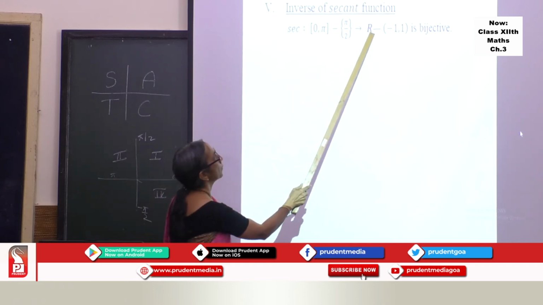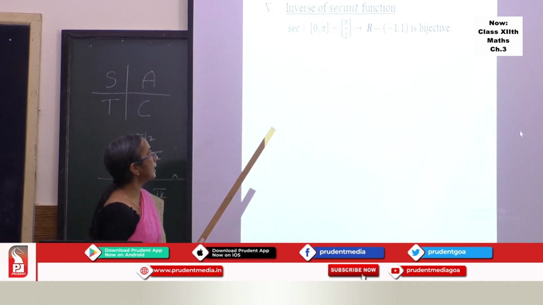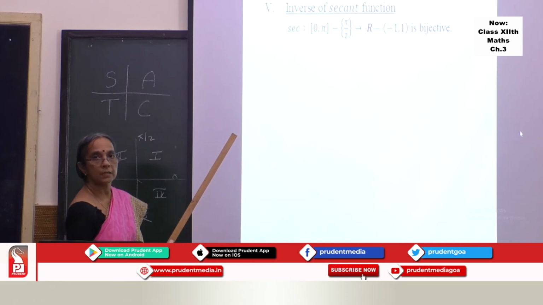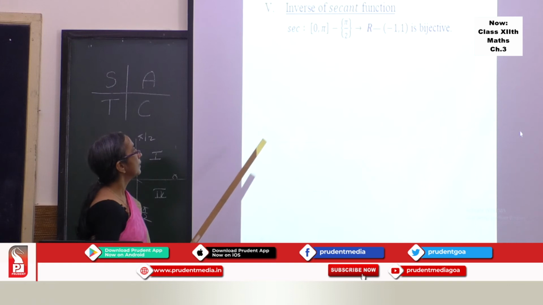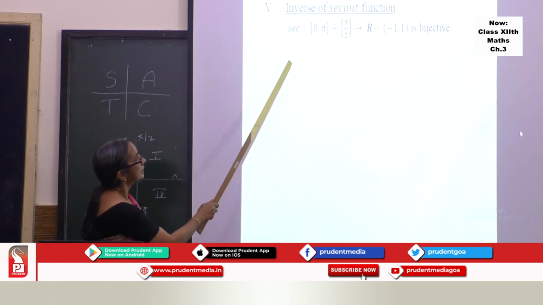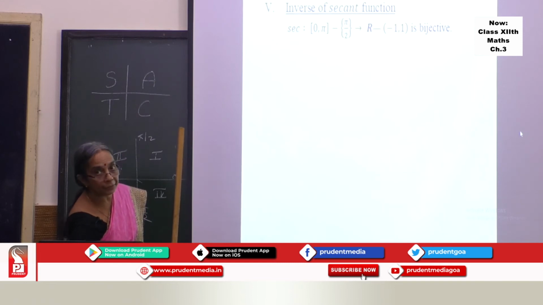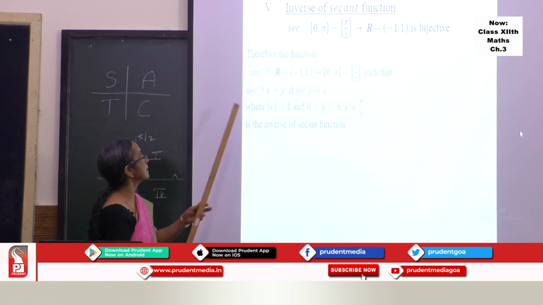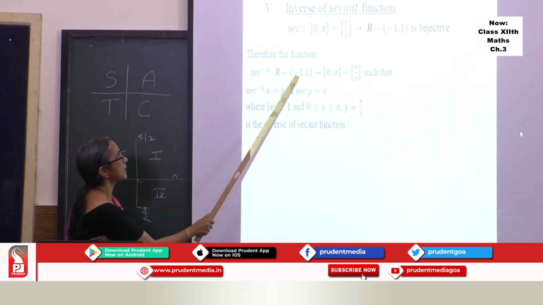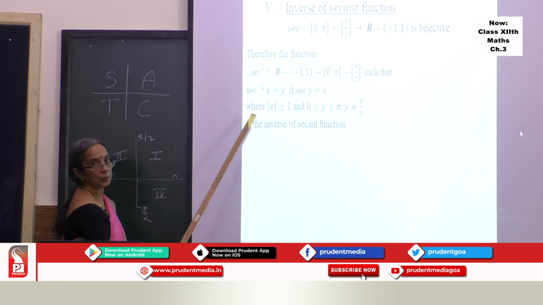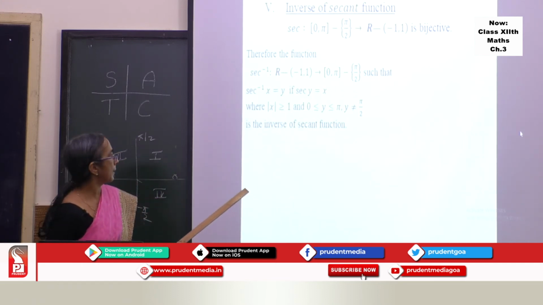And the codomain is R minus open interval minus 1, 1, like the cosec function. It is bijective. Therefore, we can define the inverse of the second function. The sec inverse is a function from R minus open interval minus 1 to 1 to the closed interval 0 to pi minus pi by 2.